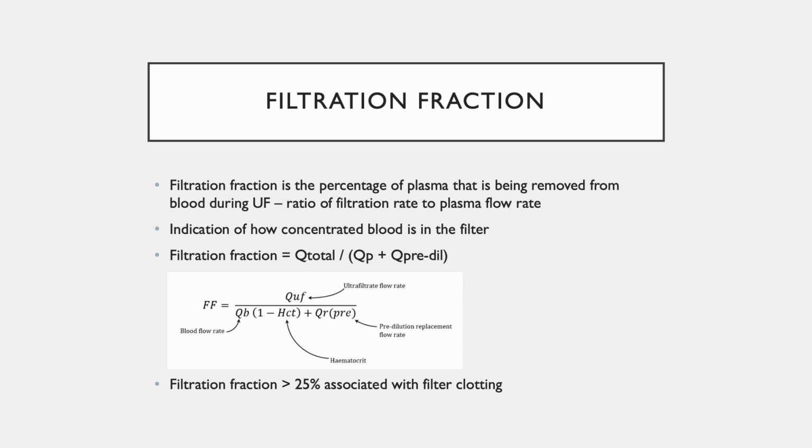As we can see, when we give the replacement fluid pre-filter, the denominator is bigger and the filtration fraction is lower. So we will want to aim for a filtration fraction of less than 20 to 25%, as higher levels are associated with higher risk of filter clotting.